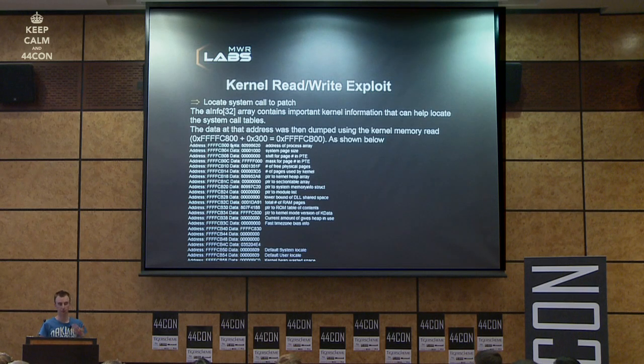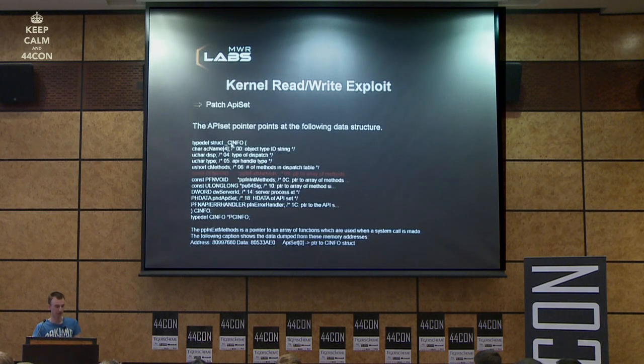And then when another thread comes along which is executing in a higher privilege context, then the code will be executed with that higher privilege context. So I dumped out the data in there and located a bunch of CINFO structs which had pointers to API sets.